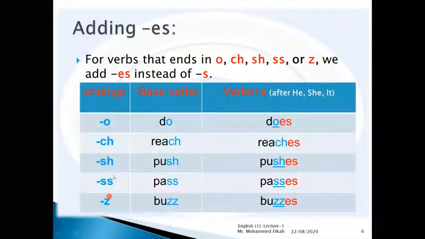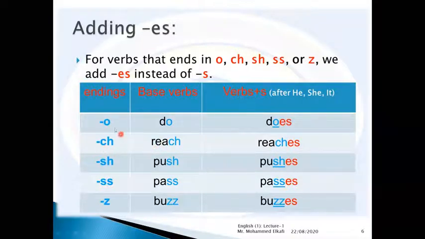So here we have the examples for the endings. For O, as in do, we should not just add S with he or she or it, but we should say he does, she does, and it does. Even for similar verbs that end in the letter O. Also with he, she, and it, we'll say reaches.